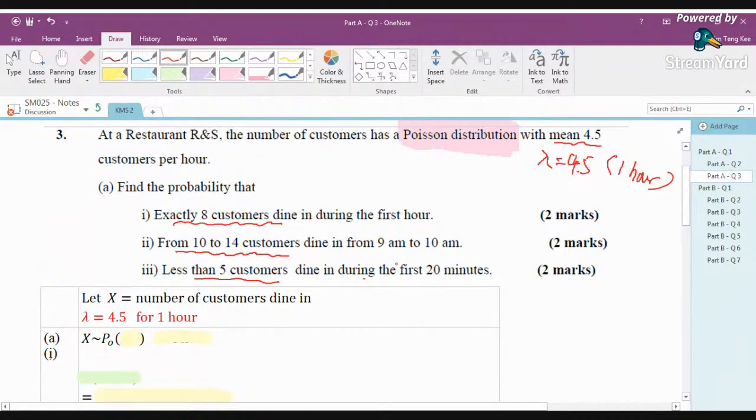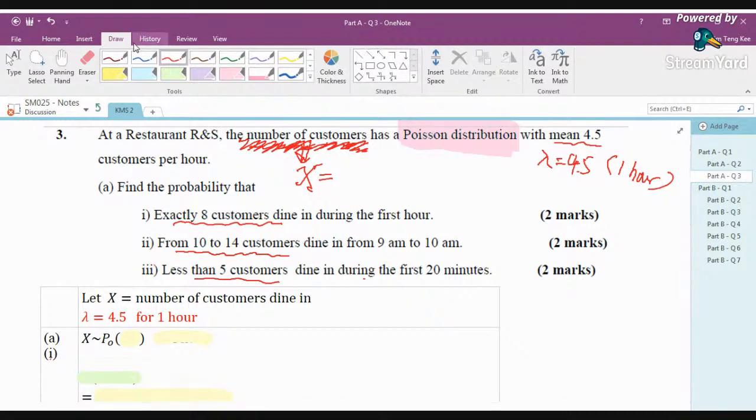What we want to discuss is the probability of how many customers. If you notice, they have clearly told you here that the number of customers has a Poisson distribution, where the number of customers refers to the X value we have.